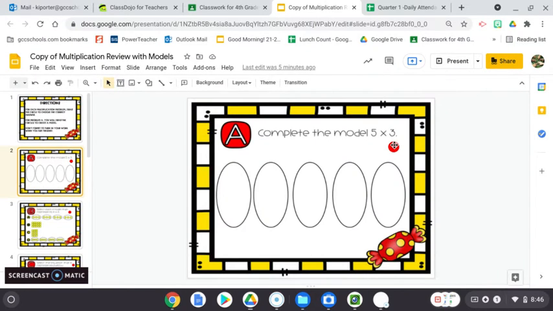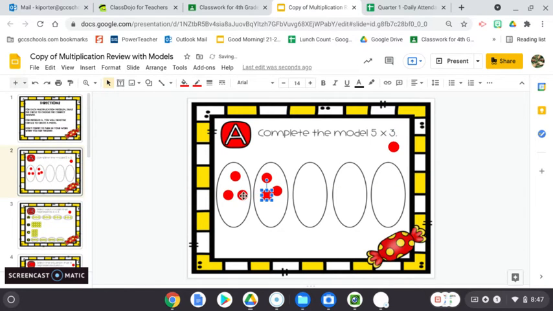So we're going to do that on our model here. And if you grab the dot, it's not just one dot, it is a lot of dots. It's sort of like a never-ending well of dots. So we're going to do the same thing right here. We're going to make groups of 3. They've already done the group for you. We've got one group of 3. Now we've got to do another group of 3.